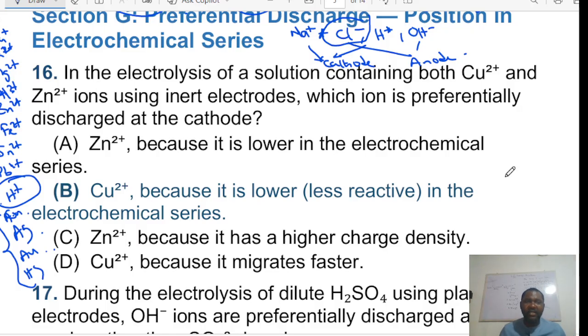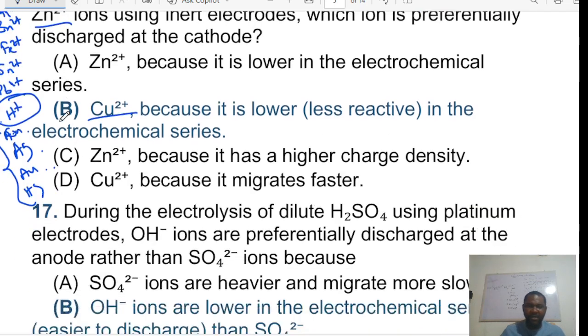Now, number 16 says, in the electrolysis of a solution containing both copper ion and zinc ion using inert electrodes, which ion is preferentially discharged at the cathode? Of course, copper will be discharged, because copper is lower than zinc in the electrochemical series, definitely.